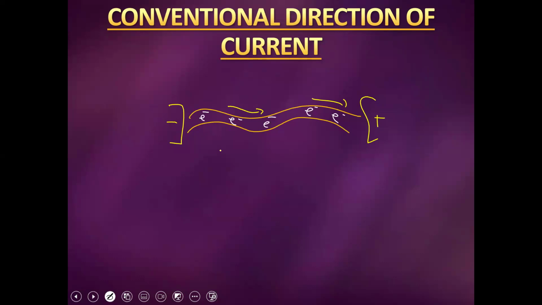Now, this is logical that if it's a negative and this is an electron, due to the repulsion and attraction rule, it will move from minus to plus. But in the start of physics, years and years ago, they considered some basic positive particles to generate current, like in solutions. So at that time, they made a rule that current travels from plus to minus, while electrons travel from minus to plus.